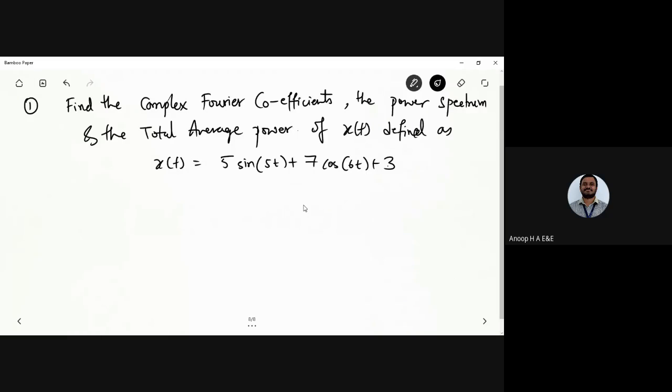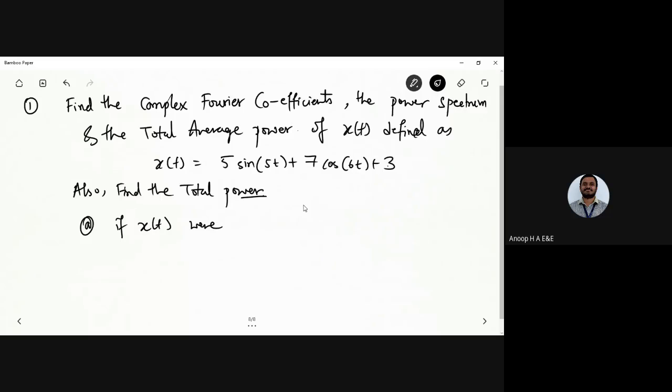Also find the total power if x of t were a voltage.